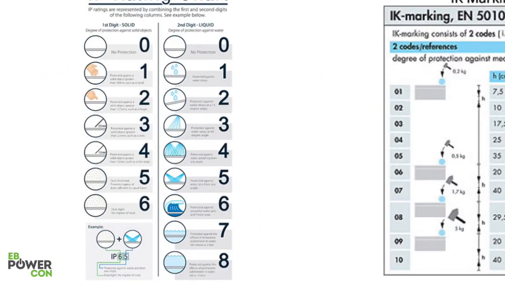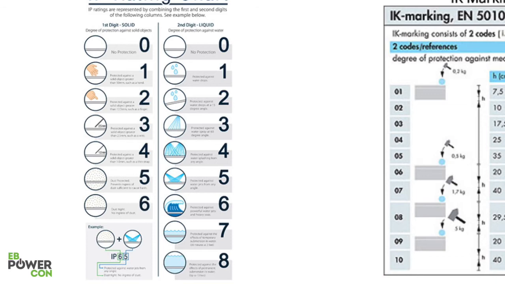So if an IP rated fixture is 15, some things can get into it. But when you're looking at an IP 60 something rated fixture, that means dust and bugs and things like that cannot get into it.